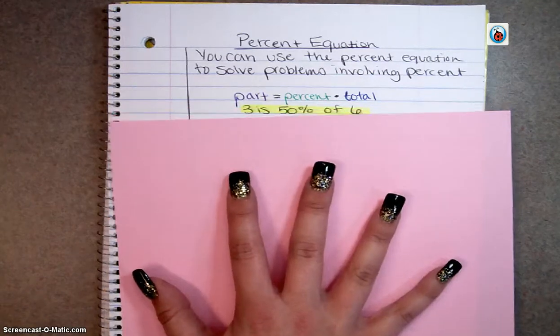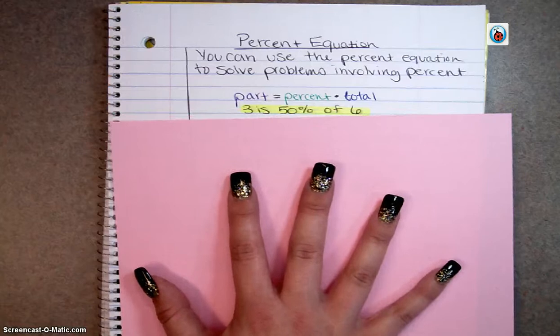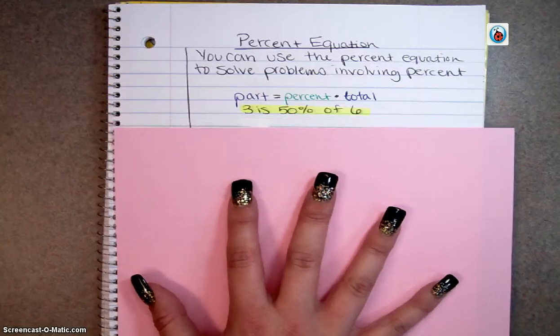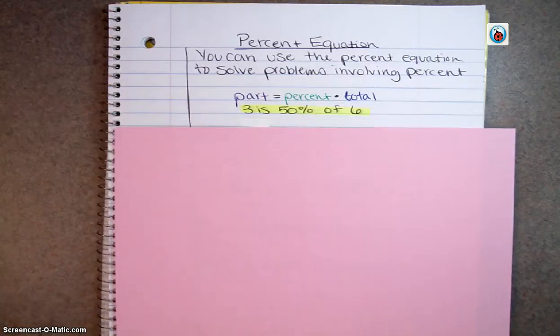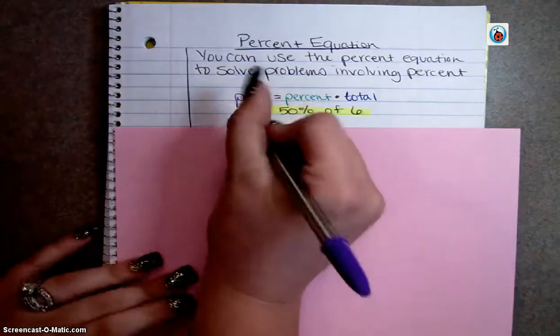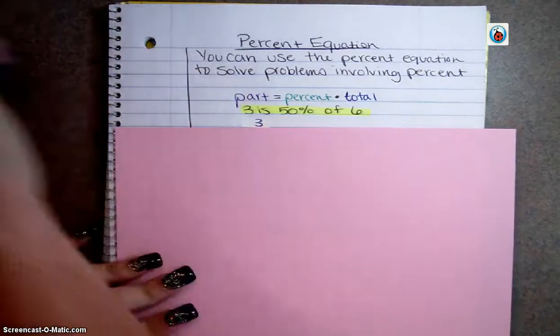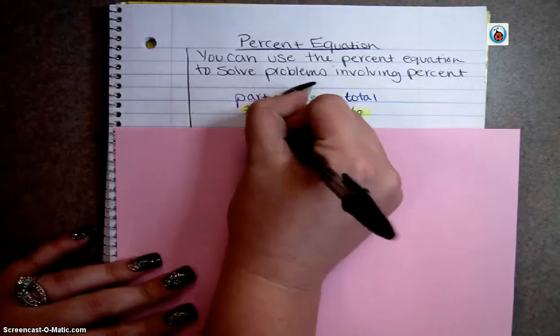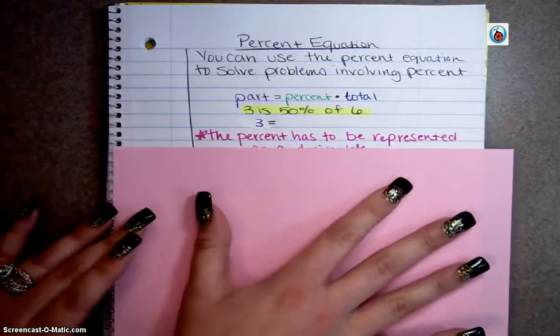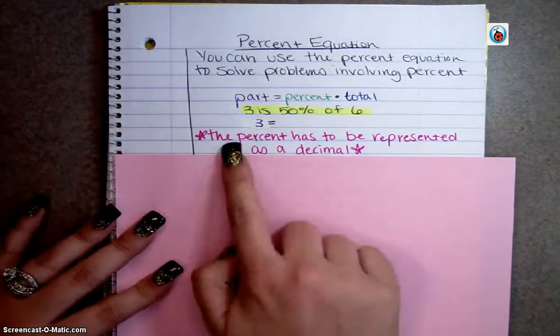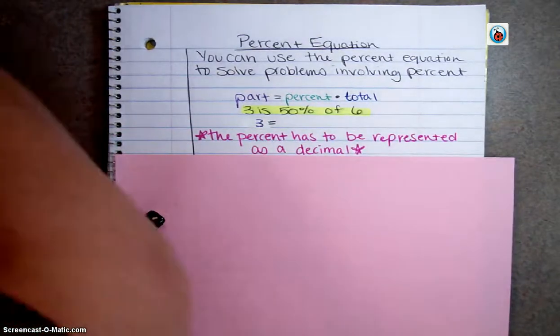If I have the example 3 is 50% of 6, I'm going to write part equals 50% of total. My part is 3. My percent is 50, but I want you to note something: the percent has to be represented as a decimal.